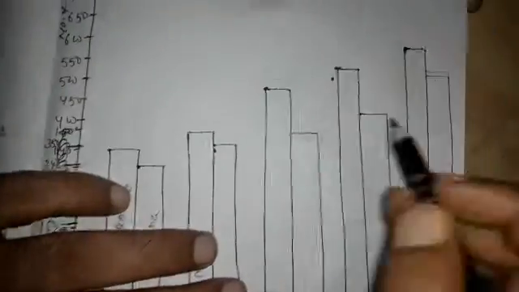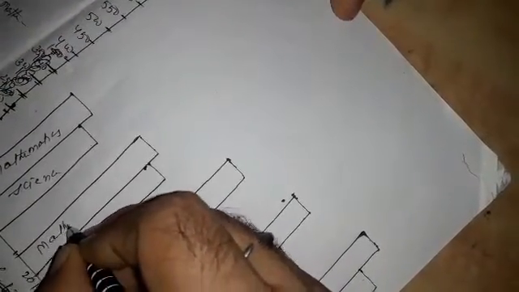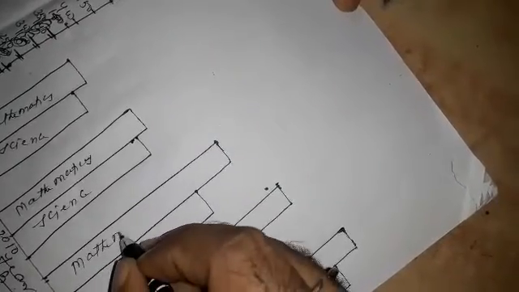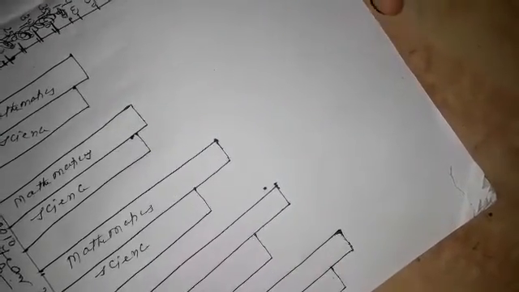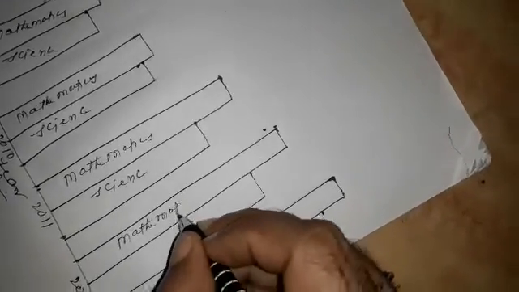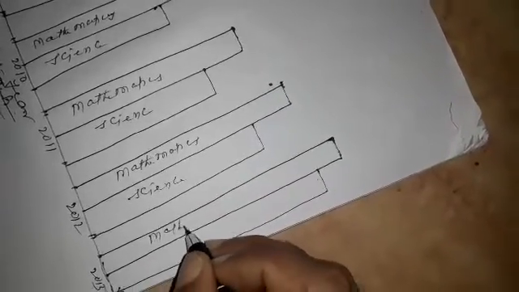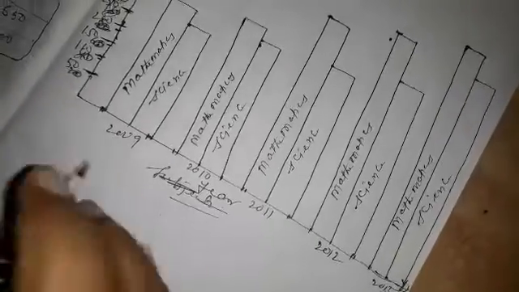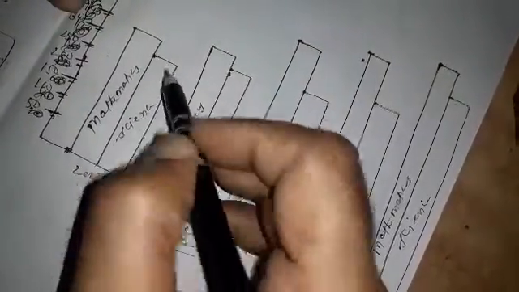In 2011, the bars are drawn for mathematics, science, mathematics, science, and so on. So in 2009, 350 maths books and 300 science books were purchased.